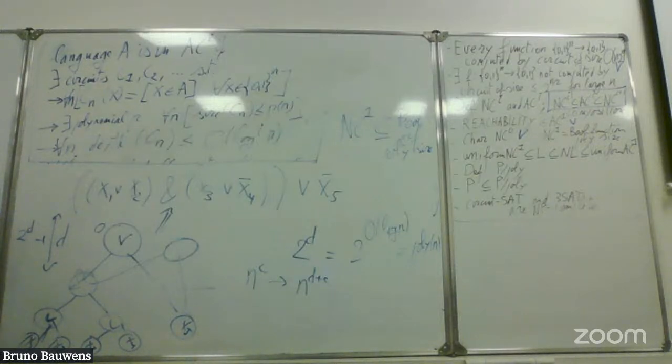And now we have to do this for all the depths. So each time we add n to the power d. Actually, we only need to bound the copies of all variables for inputs, because if we bound the number of copies of inputs, we bound the length of the formula. So each input is copied at most 2 to the power d times.